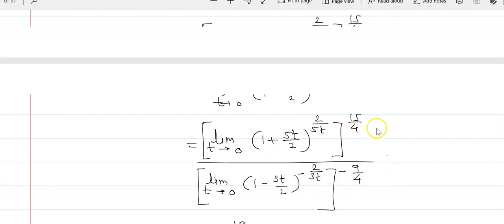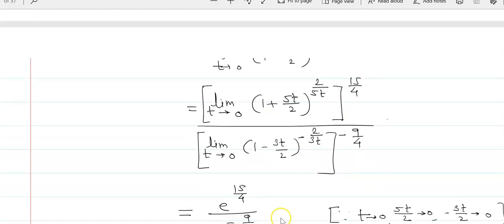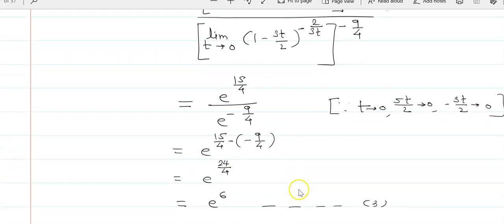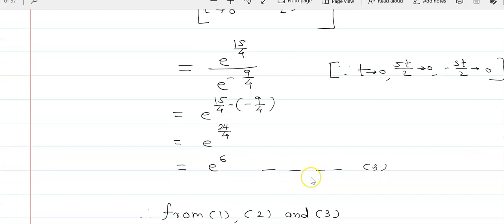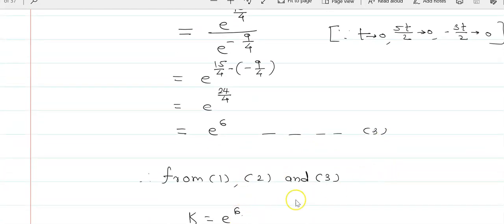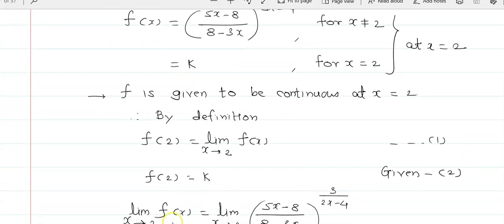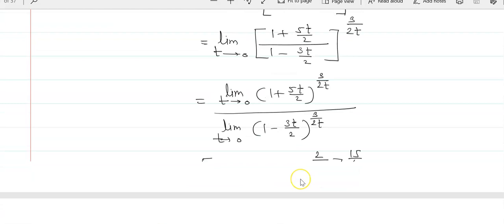The value is e raised to 15 by 4 and e raised to minus 9 by 4. If you add these, you will get e raised to 24 upon 4, and that is e raised to 6. Therefore k equals e raised to 6, because the function was continuous.